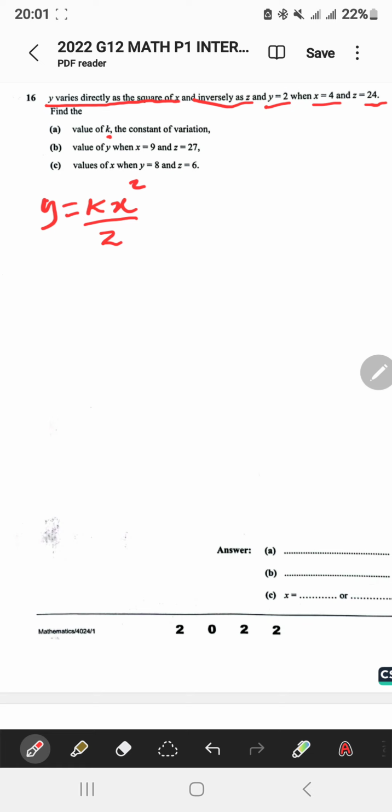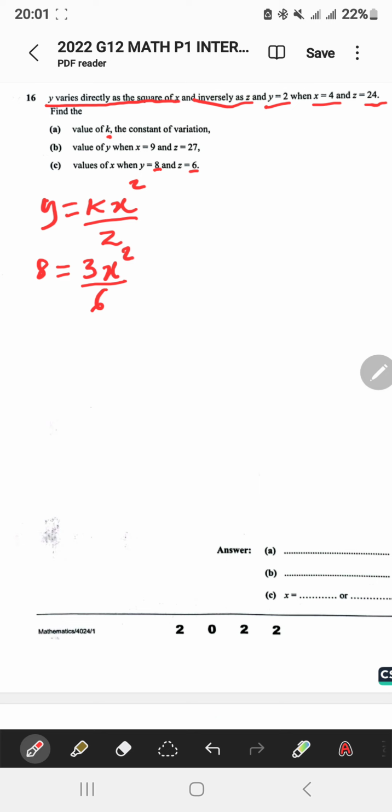Where there is y, we are going to substitute 8. So we are going to have 8 is equal to k. We found our k, which is 3. Then we have x squared divided by z, where z is equal to 6.